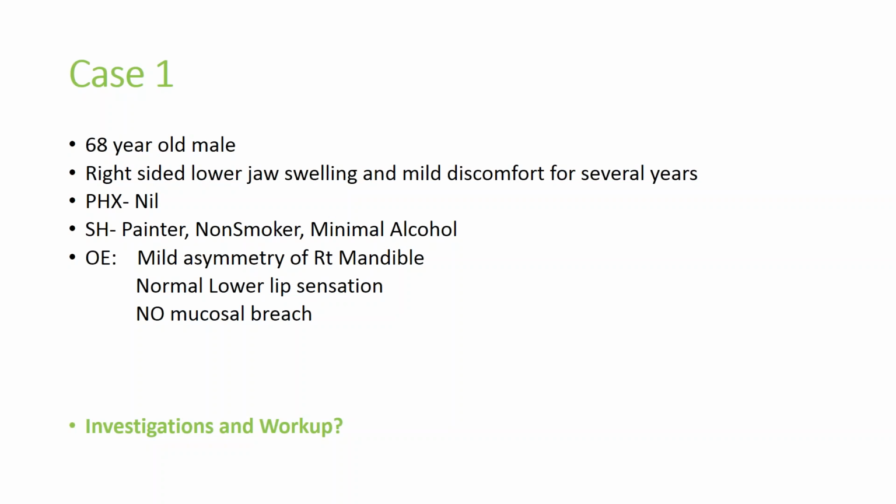The age is 68, so you look at other risk factors involved, smoking and so forth, you look at tumours and malignancy. But often, as Rahul said, these things are picked up in asymptomatic patients just on a routine OPG.